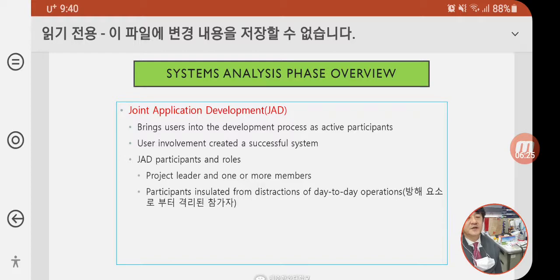JAD participants and roles: a JAD project leader and one or more members, with participants insulated from distractions of day-to-day operations.